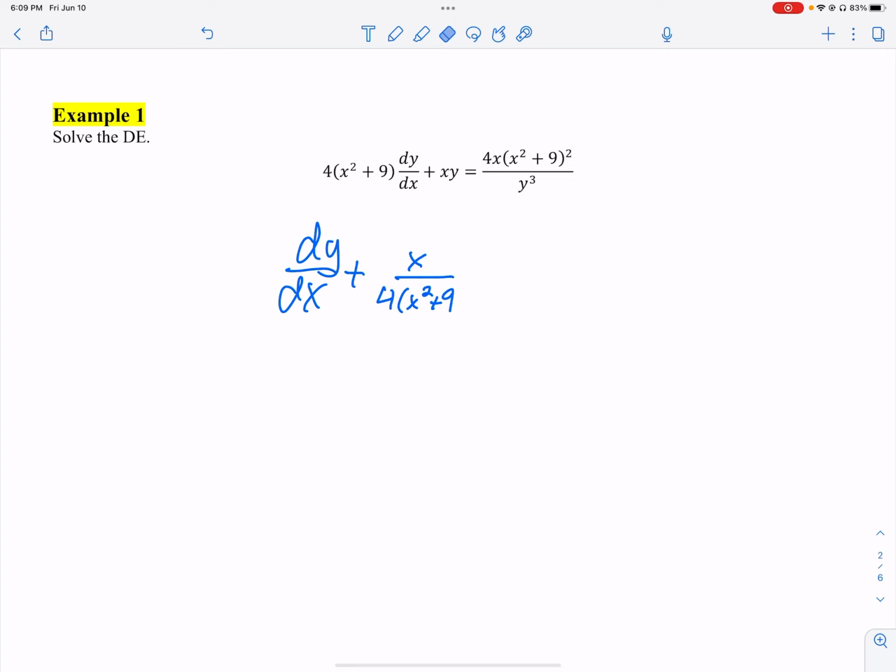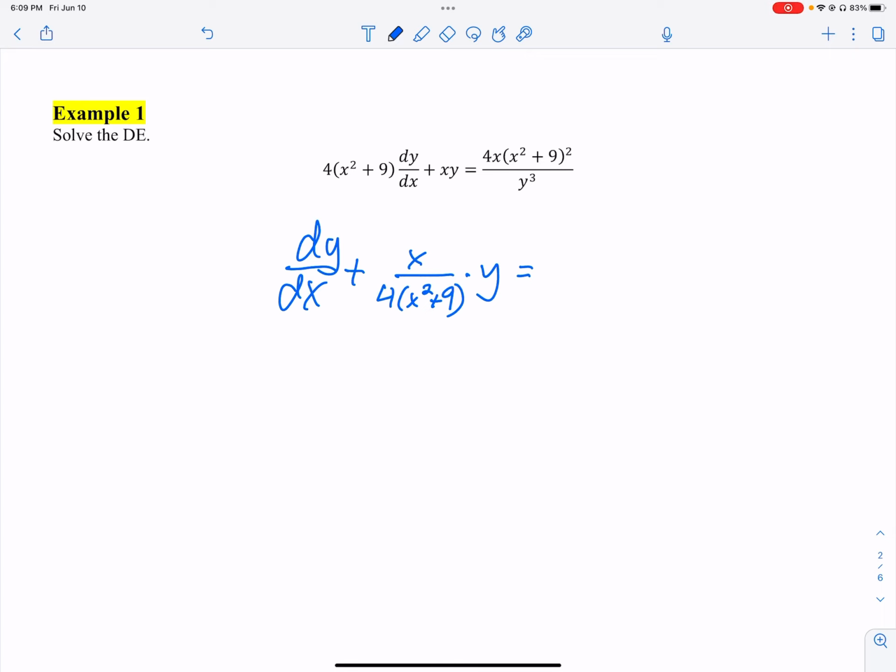Let's pull that y out over here, equals, and the 4s cancel, so I get x squared plus 9 times y to the negative 3.